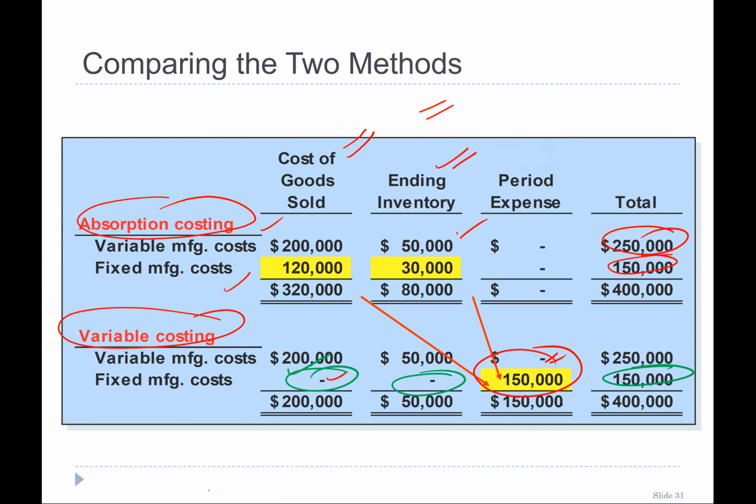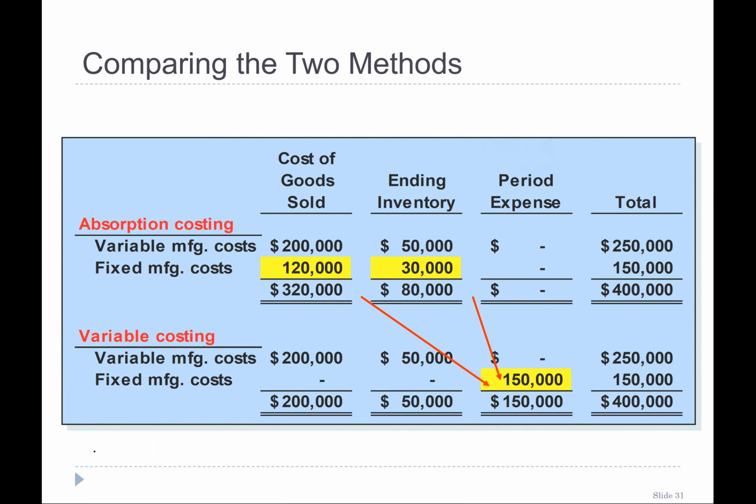If you pay close attention here, what happened? The way we treated fixed manufacturing overhead causes the difference in our two costing methods. Absorption costing treated the fixed manufacturing overhead as product cost, so it does not appear here in period cost.